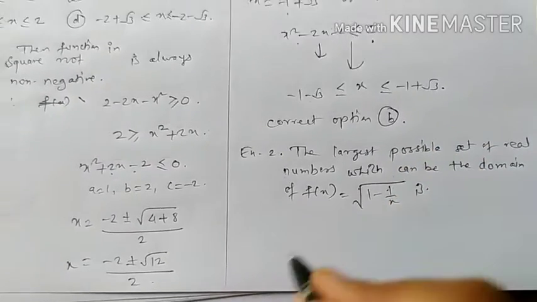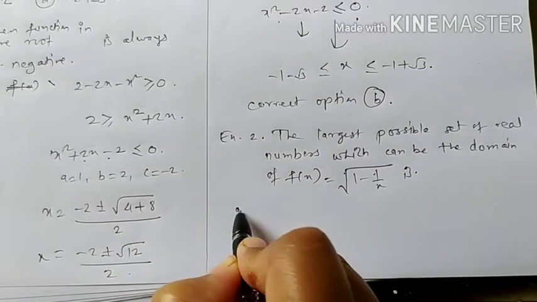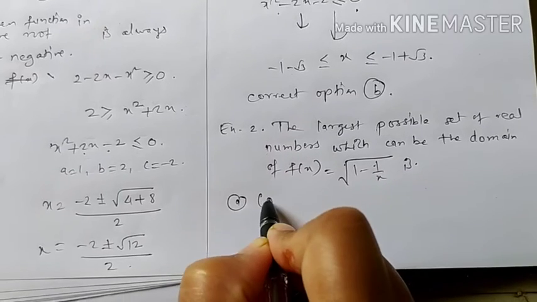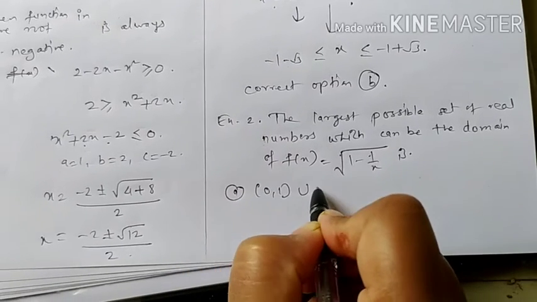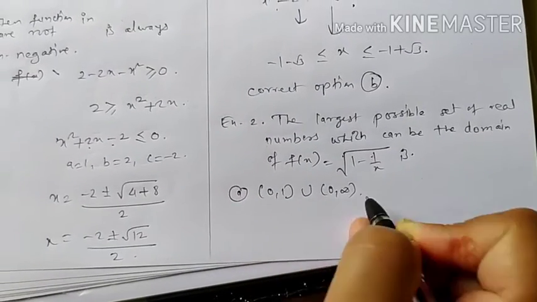First option, A: open bracket 0 to 1 union with open bracket 0 to infinity.